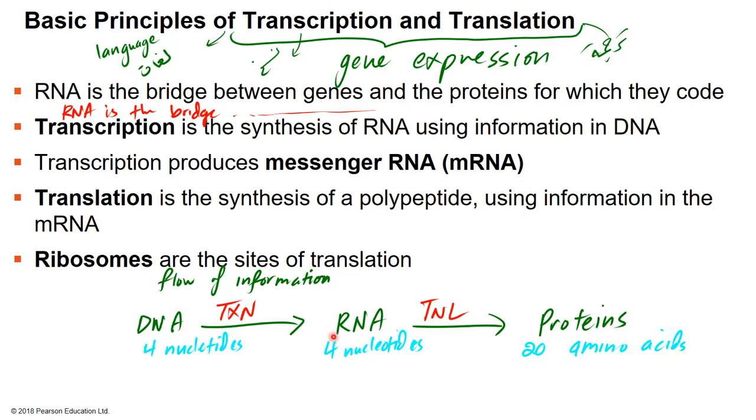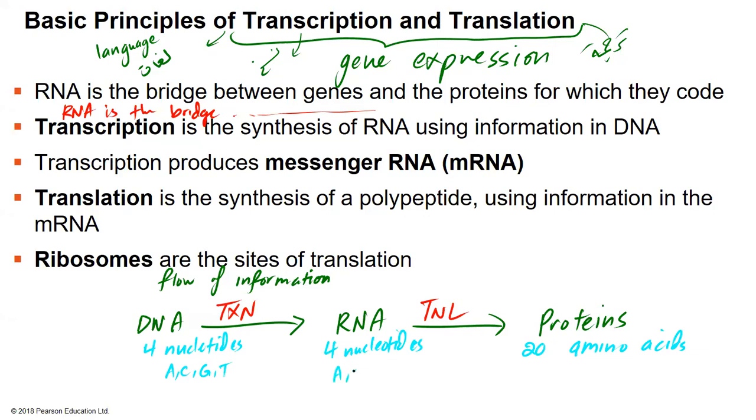Just like any language, different languages, they have different number and different types of letters. So you could think of DNA and RNA as being the same language written using these 4 nucleotides. Of course, here we have A, C, G, and T letters.